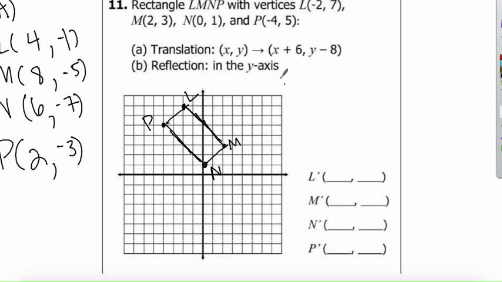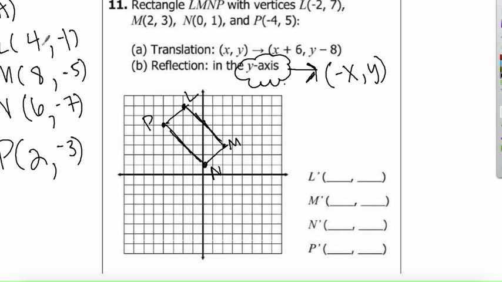And then I need to reflect it over the y-axis. So if you remember, the y-axis is the one that's straight up and down. And when we reflect things over the y-axis, the y-coordinates stay the same. What happens is that the x-coordinates change their signs.